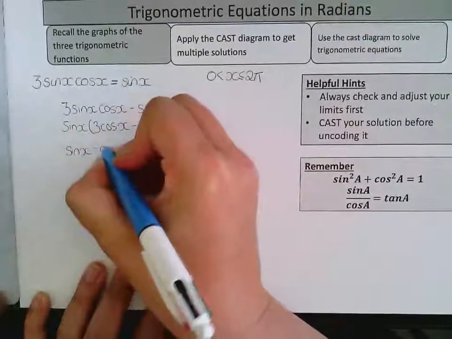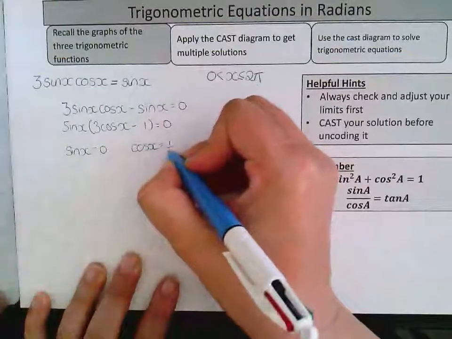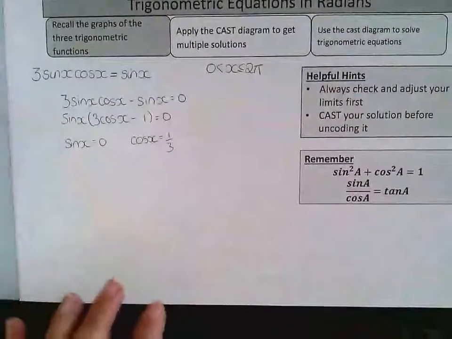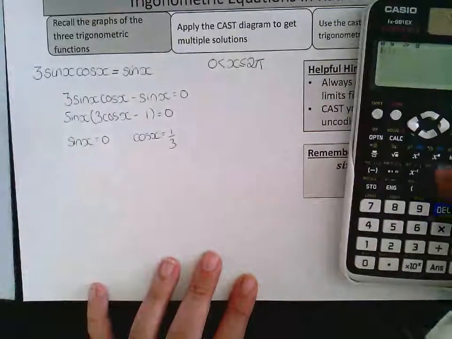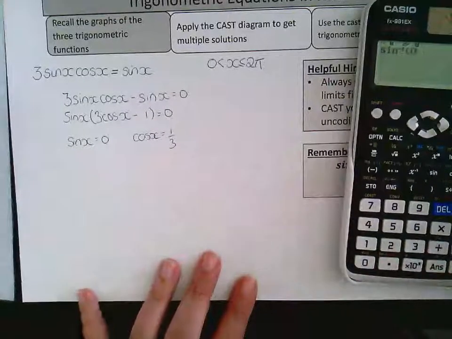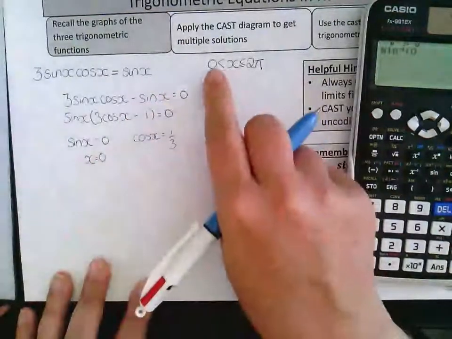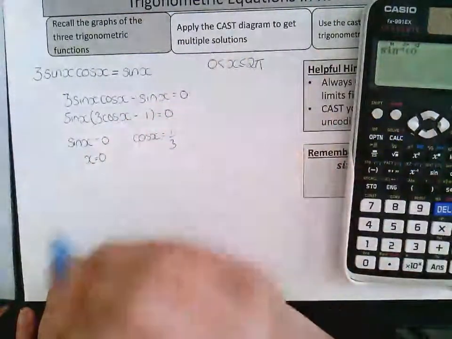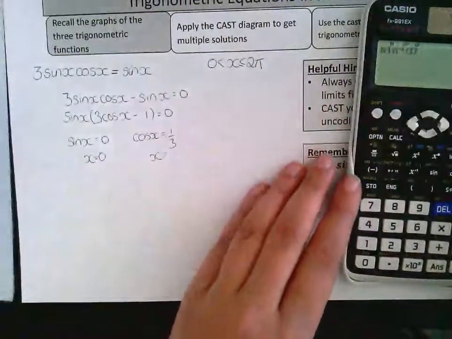And I get my 2 solutions. Sine x is 0 and cos x is a third. Now, inversing both of those, I get 0. Now, please note, that is not one of my solutions, but doesn't mean I'll be ignoring it. I've got to see if there's any more.